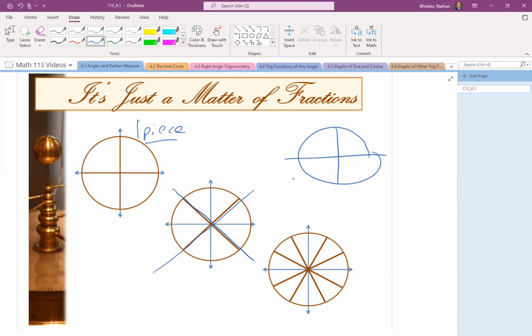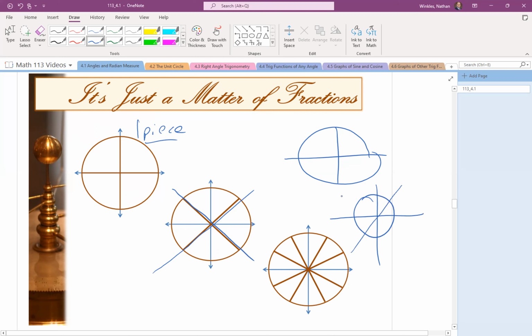So in other words, all we're doing is partitioning a circle into different pieces. So this one gives me 4. Then we have 8. And we have 16. So we can partition this into as many different slices and types of slices that we want.